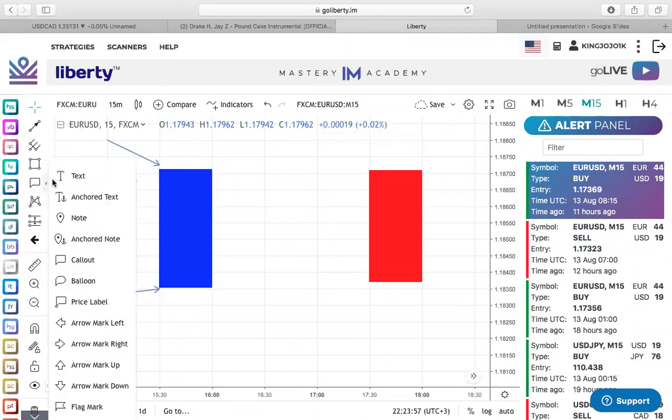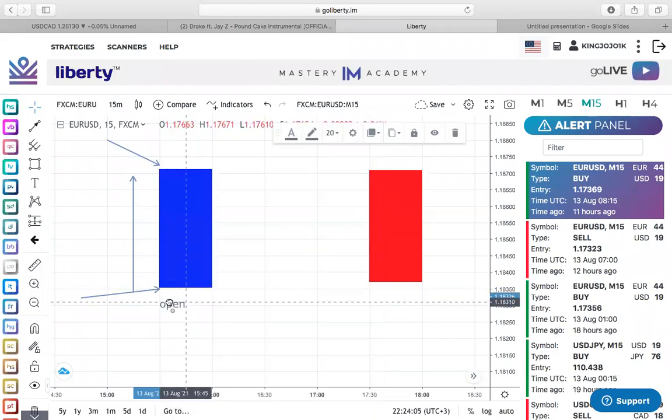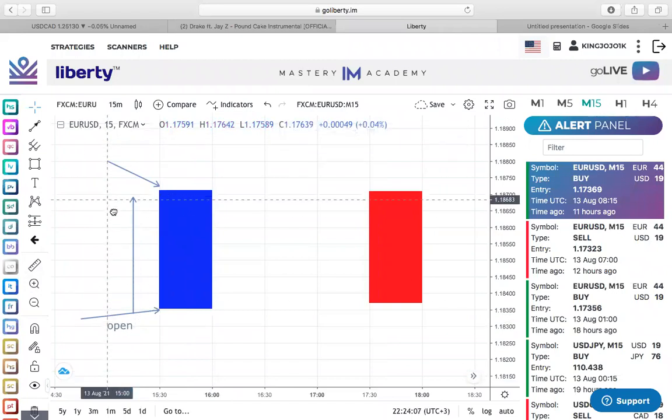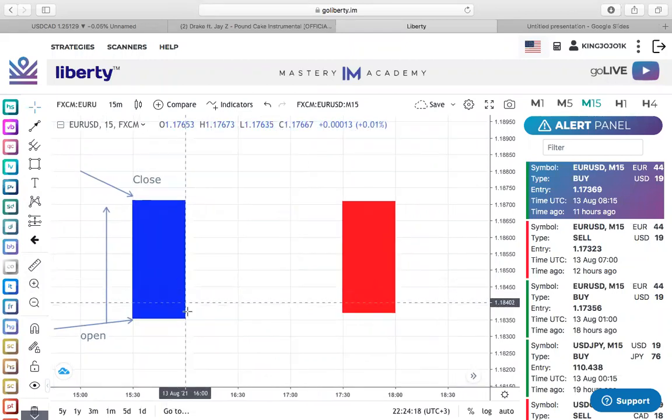So we got open, then we got close. Now, this is a bullish candle, which means a buying candle.